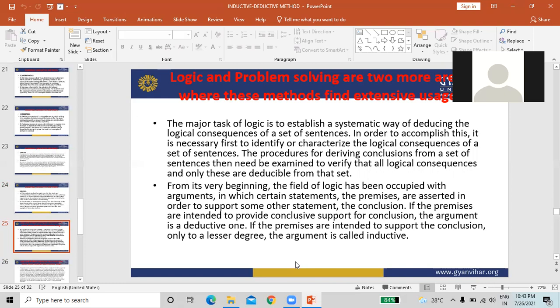In order to accomplish this, it is necessary first to identify or characterize the logical consequences of a set of sentences. This procedure for deriving conclusions from a set of sentences is then examined to verify that all logical consequences, and only these, are deducible from the set.